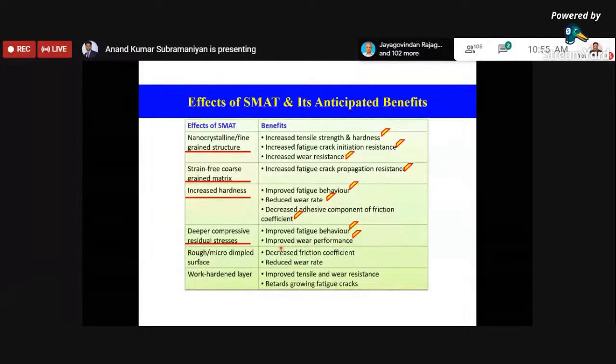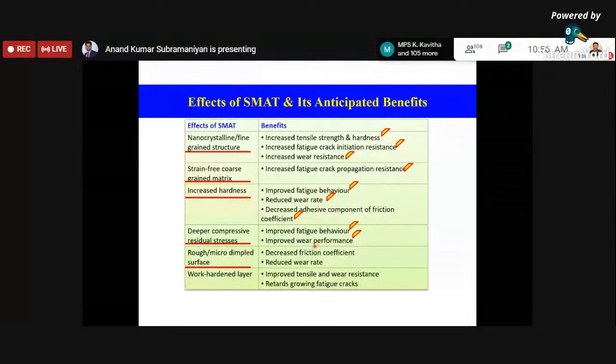Improved wear performance can also be obtained due to the fact that when a crack is initiated because of the material removal during the wear process, and that crack has to propagate, the moment we have compressive residual stress, we can mitigate it or have a crack closure kind of effect, and thereby we can improve the wear performance, right?